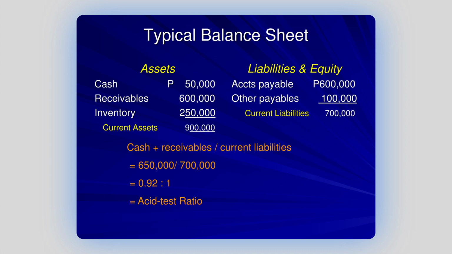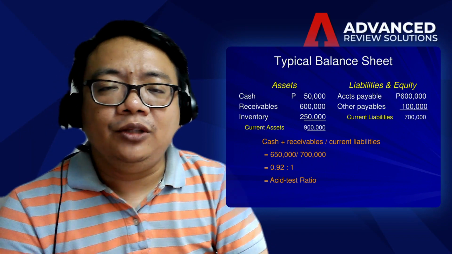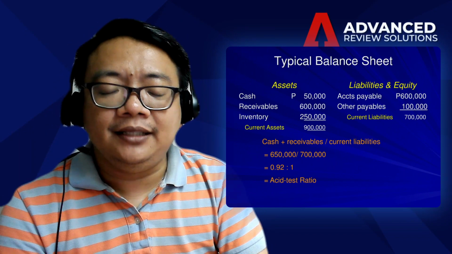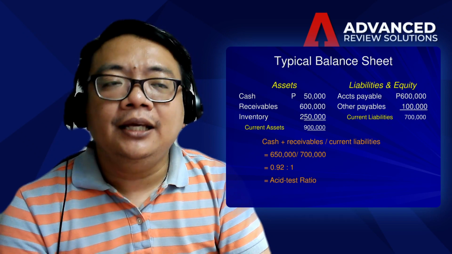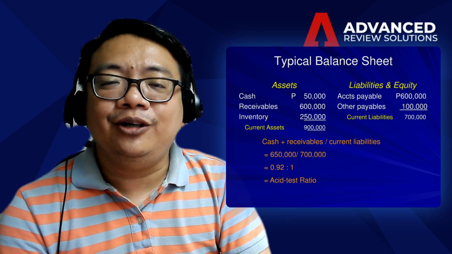But if you will compute for the acid test ratio or quick asset ratio, the only thing that you will consider is cash and receivables and marketable securities lang. Hindi kasama yung inventory. My question, why is it that inventory is not included in the acid test ratio? Because inventory is the asset you cannot sell on time.